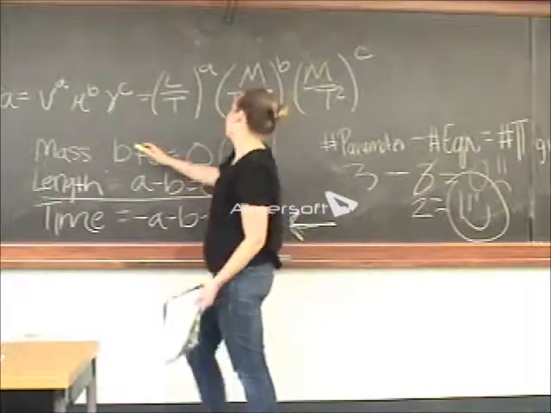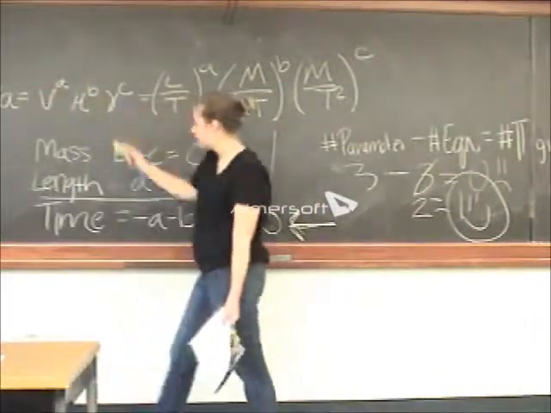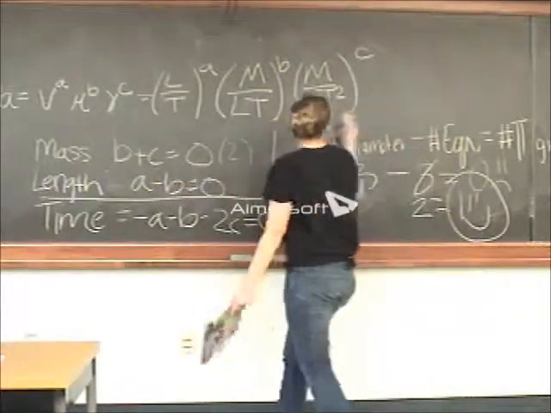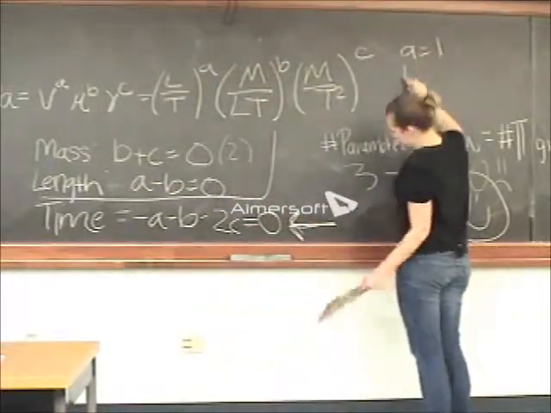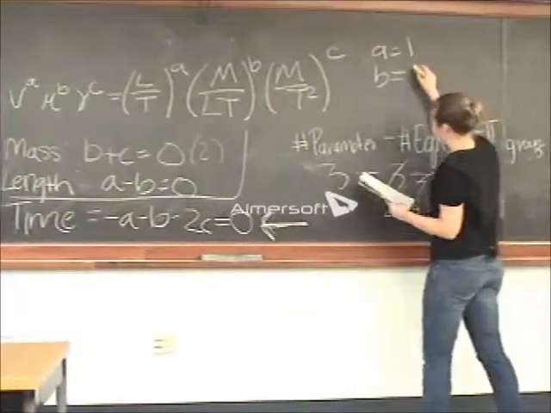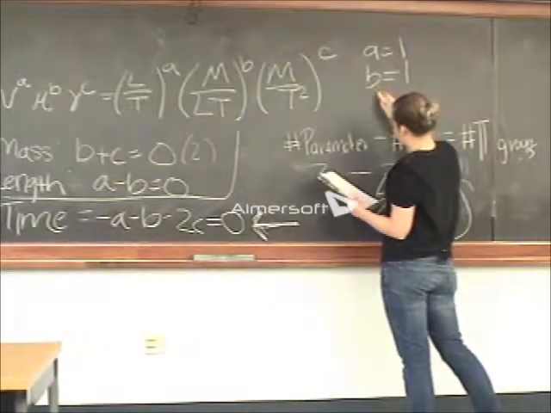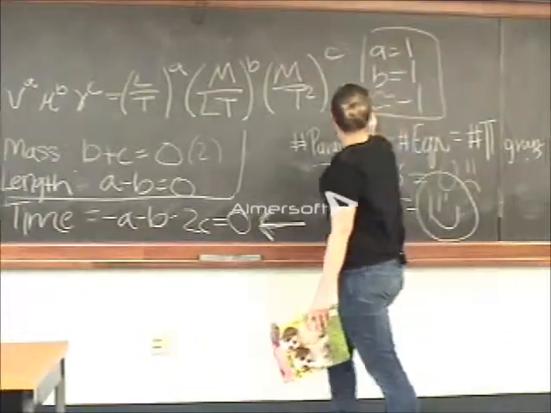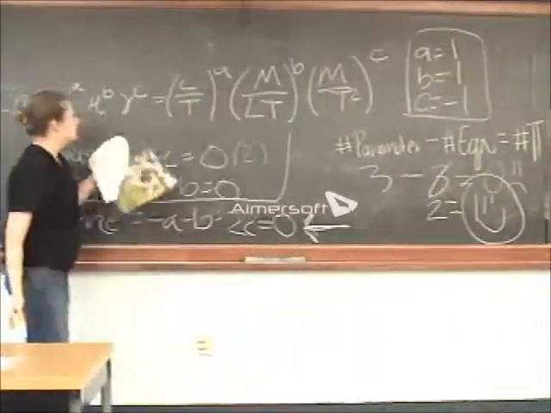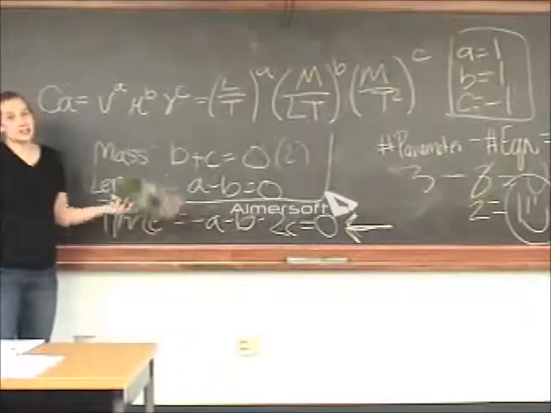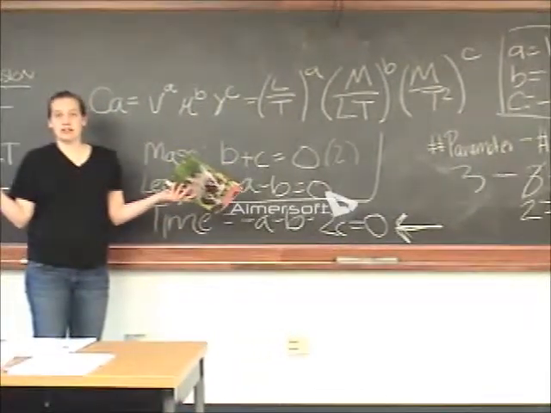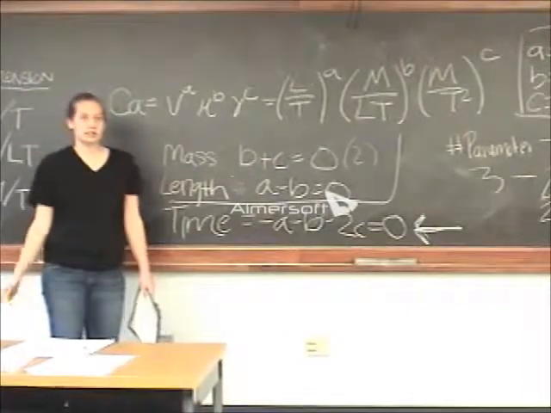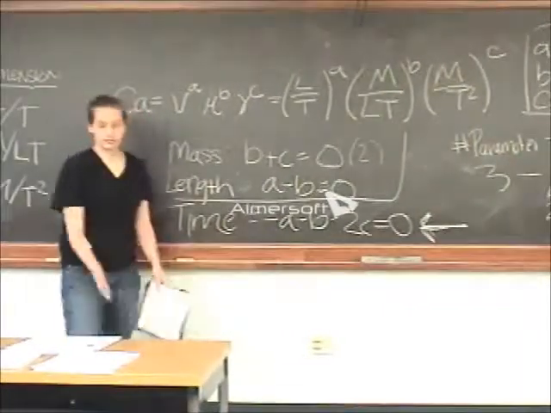I have to have velocity to the first power. So if my A is equal to 1, then what's my B equal to? 1. And what's my C equal to? Negative 1. Okay. So those are my answers, and then I can just plug that into here, and I can check and make sure that I'm right. Does that make sense to everybody? Yes? Good. Okay. Awesome. Good job.